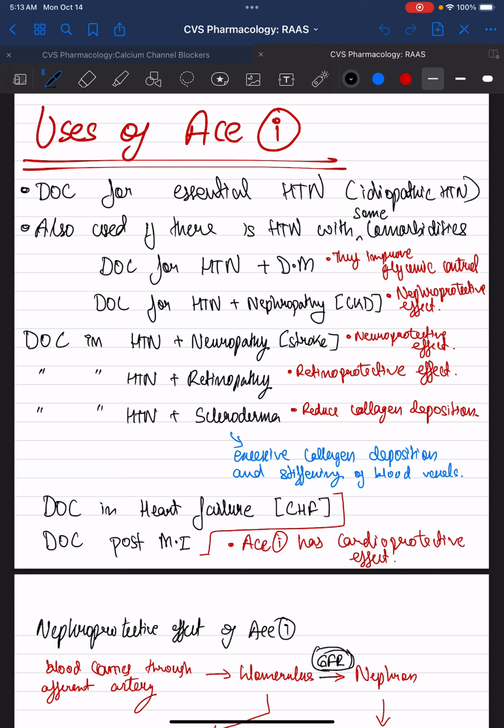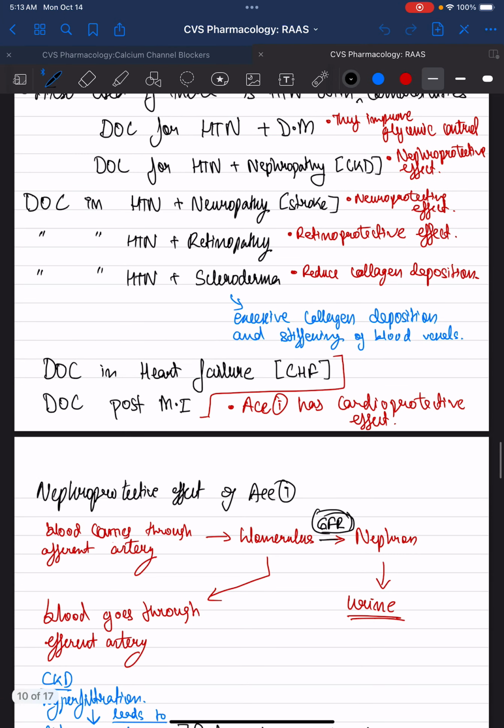They are also the drug of choice in hypertension with neuropathy, because they have a neuroprotective effect, and in hypertension with retinopathy, because they have a retinoprotective effect.